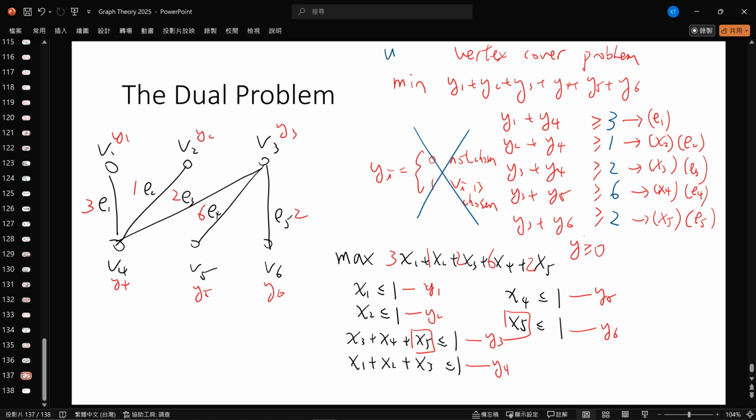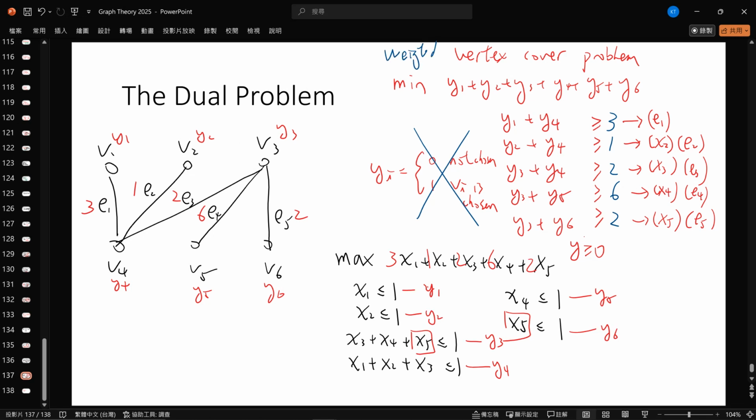So this is just the dual problem for the maximum weighted matching problem. This is like the weighted vertex cover. In this problem, we assign weights to vertices. We assign weight y1 to vertex v1 and weight y2 to vertex v2. We want to minimize the total weight of the vertices. And the constraint is once again to cover edges.